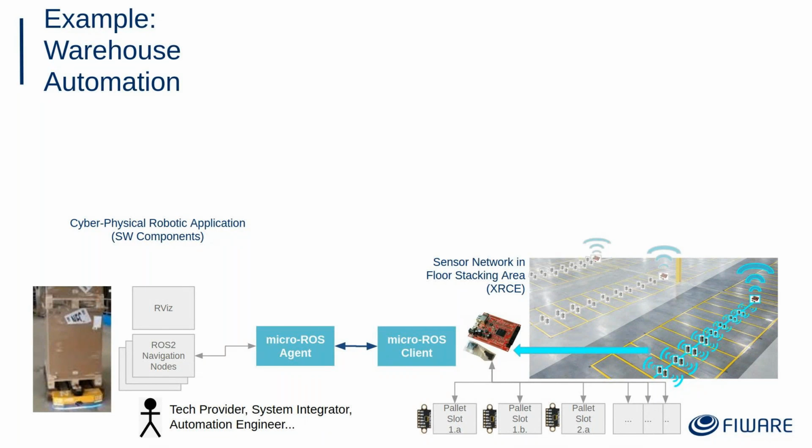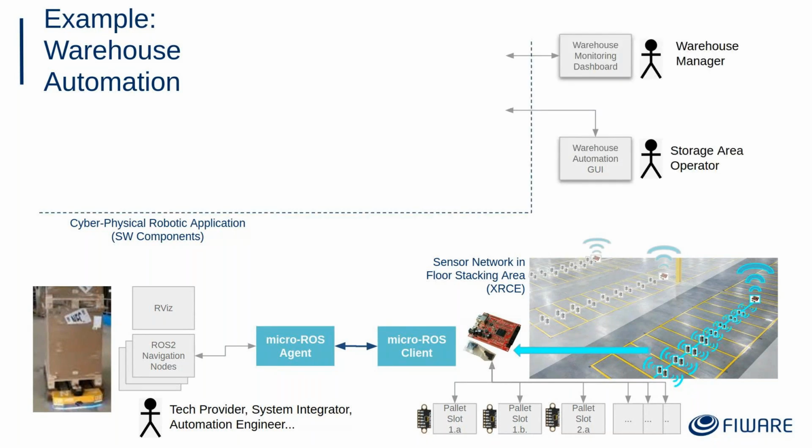At this point, tech providers, system integrators, automation engineers, and robotics engineers are dealing with the problems that are linked to the cyber-physical systems of the environment. But what happens when we want to reach a more ambitious deployment? For instance, we want the warehouse manager to access data online to monitor the progress of the operations in the warehouse, or we want an operator to control or monitor the status of some ongoing operations.